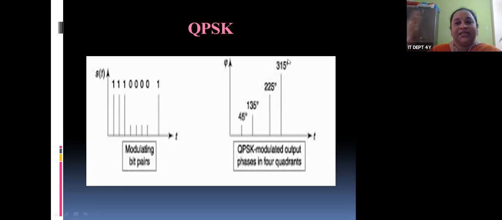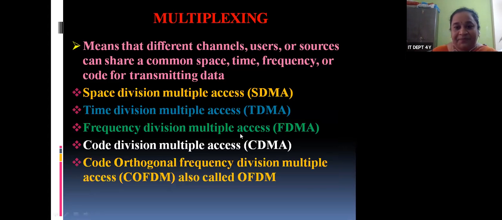That is, phase shifting has been done so that four levels of the amplitude of the modulating signal have been represented using four degrees of the phases. I think it is clear now, right? How the phase shift keying, or the phase modulation, will be done, right?